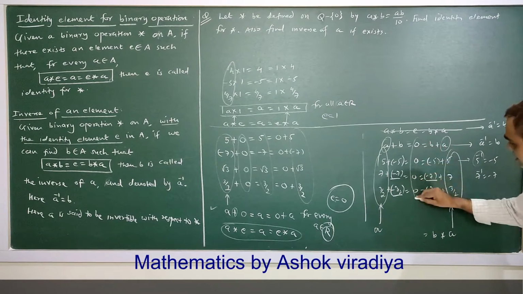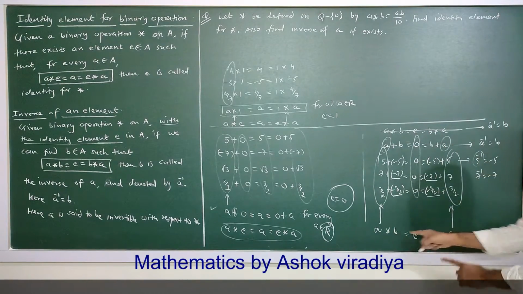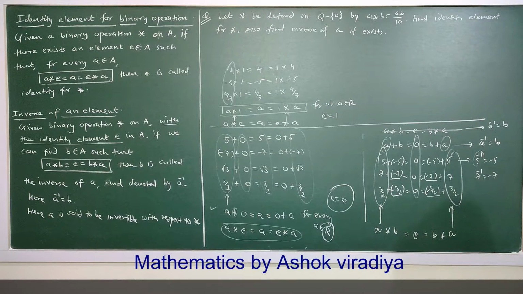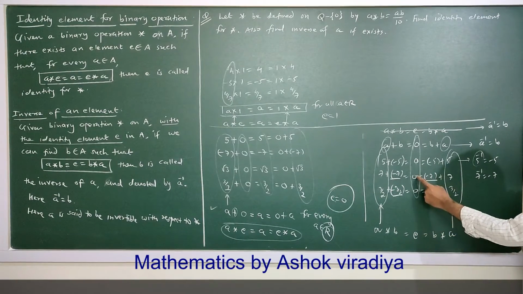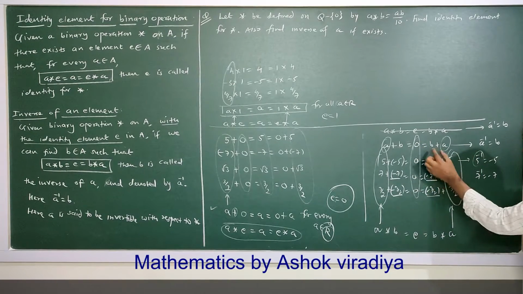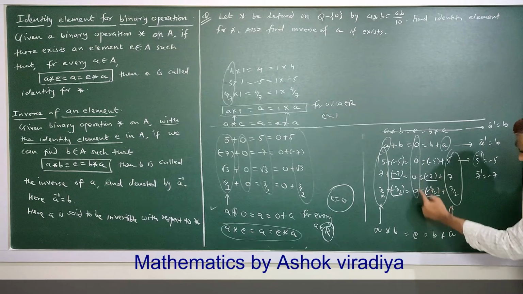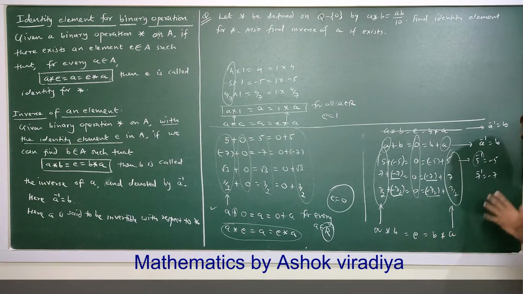This is E. So here we keep E fixed. This condition is satisfied. Every time this number must be fixed. With every selected A, if there exists B satisfying this condition, then B is said to be the inverse of A.